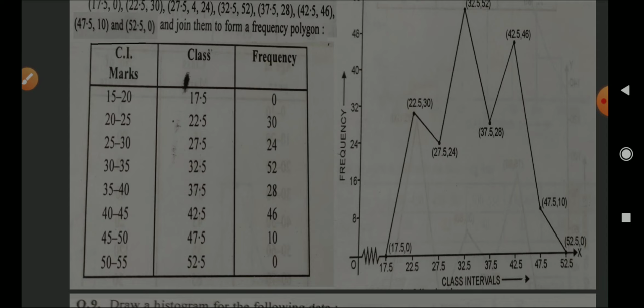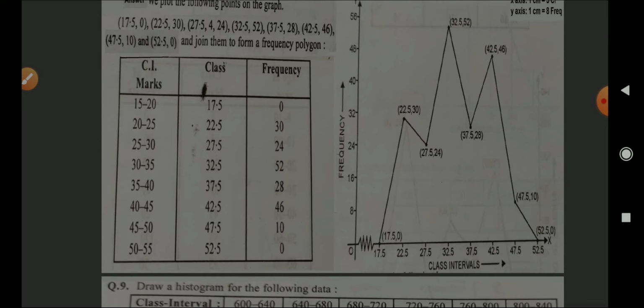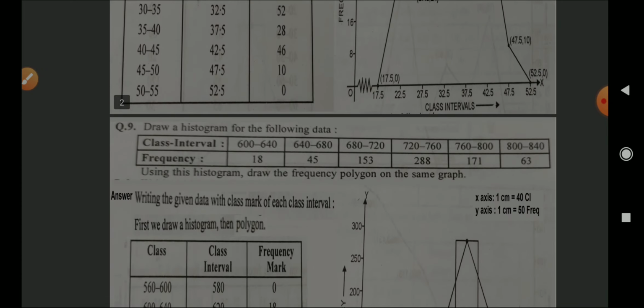We require a kink in the graph. Class marks are 17.5 with 0, 22.5 with 30, 27.5 with 24, likewise 52.5 with 0; 47.5 gives 10, and 42.5 gives 46. So this is the simplest one. Let us move on to sum number 9.